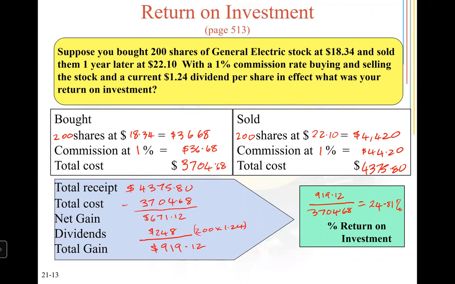Okay, so depending on how the value of the shares increases, along with the dividends that are paid out, that will determine what kind of percentage you get on your investment.